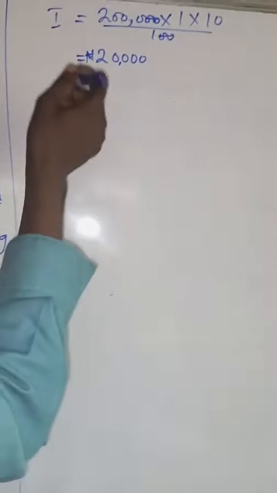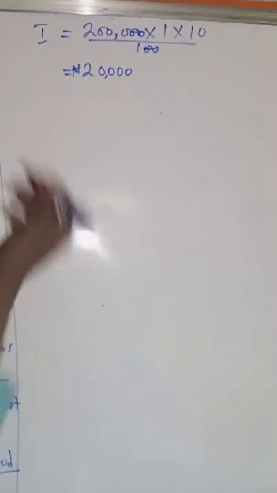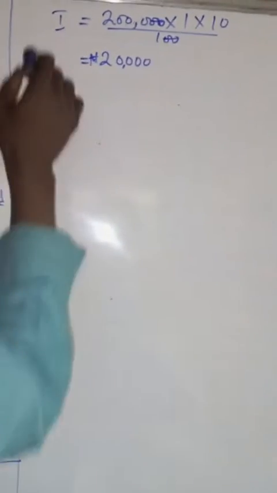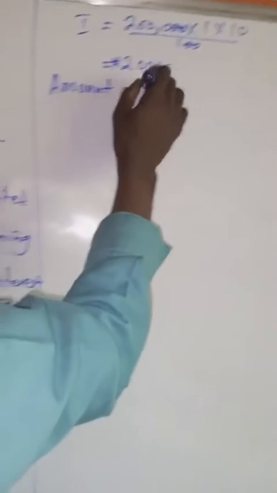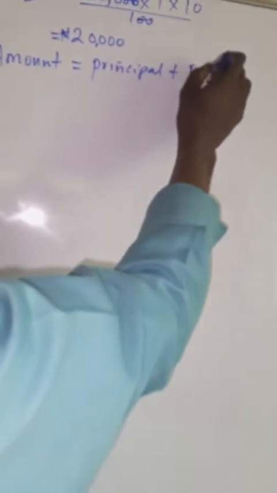Now, since it's compound interest, I will have a new principal, and that will serve as my amount. Under simple interest, amount is equal to principal plus interest.